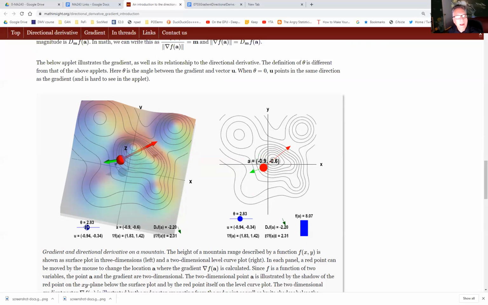If it's pi, then it's -1 times the length of the gradient. If it's pi over 2, then the directional derivative is 0. So I'm going to send you this link, and I hope you experiment with this and also read the explanation.